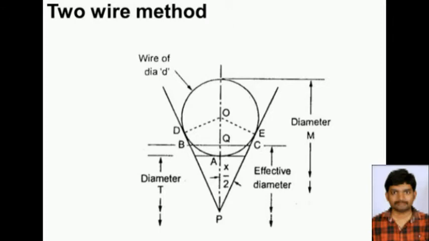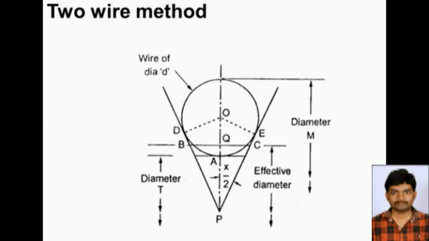wire of diameter d, small d, and we have to measure the diameter m by using an outside micrometer, and there is a diameter t under the wires, and there is a pitch line and effective diameter, and x is the thread angle, and x by 2 is the flank angle.